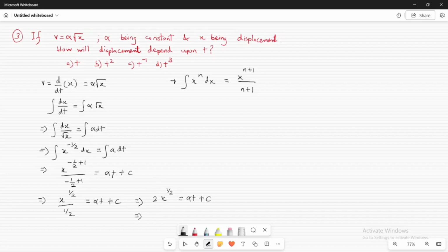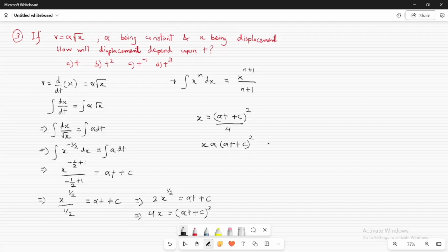Squaring both of them, we have 4x equals alpha t plus c whole squared. Now what we have obtained is x equals alpha t plus c whole squared by 4. This means x is proportional to alpha t plus c whole squared.